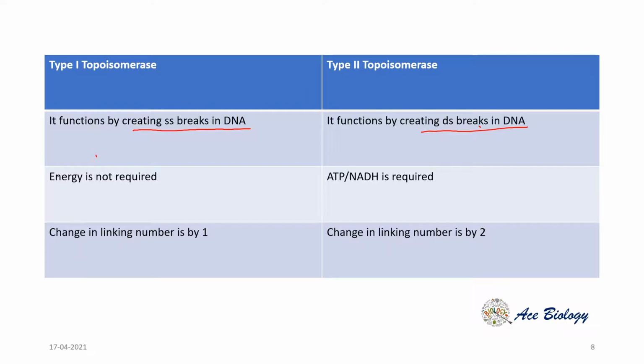Type 1 topoisomerase does not require energy, but type 2 topoisomerase will require energy. This energy may either be in the form of ATP or NADH. We also saw how type 1 topoisomerase changes the linking number by 1 and type 2 changes the linking number by 2.